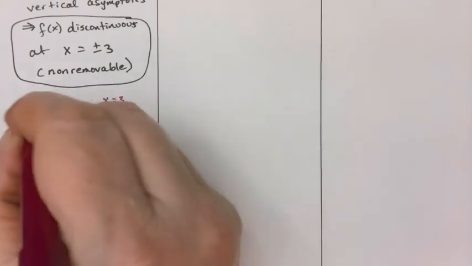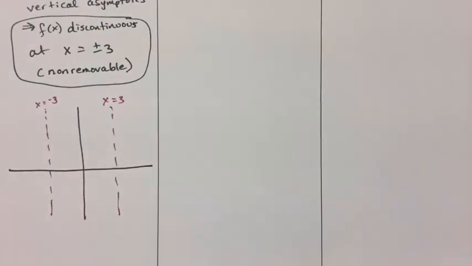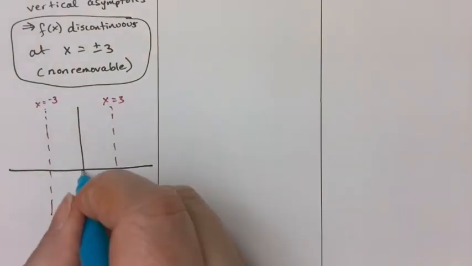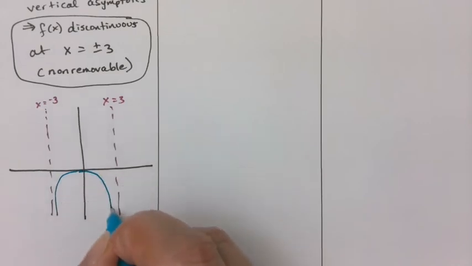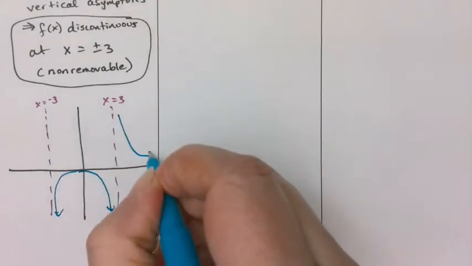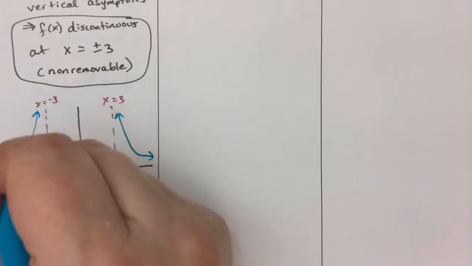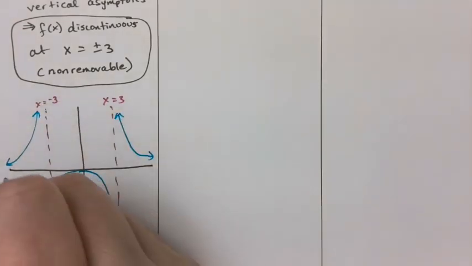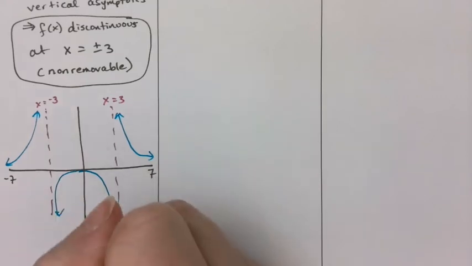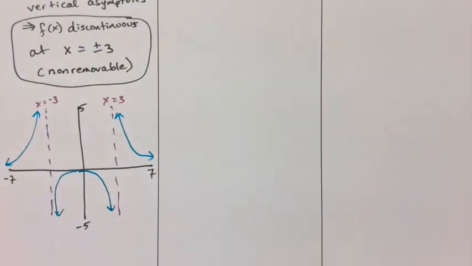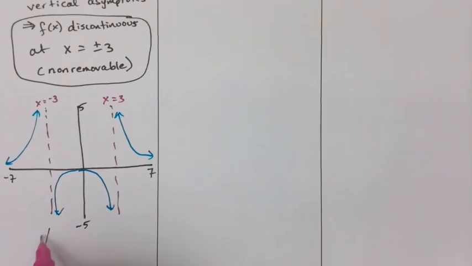So x equals 3, x equals negative 3. I have asymptotes, and my function looks like this. I'll give myself a little scale here. So let's say like negative 7 to 7, and negative 5 to 5, something like that. And there you go. So graphically, we can see we have the same issue. We have vertical asymptotes at those two values. And you can see it graphically.